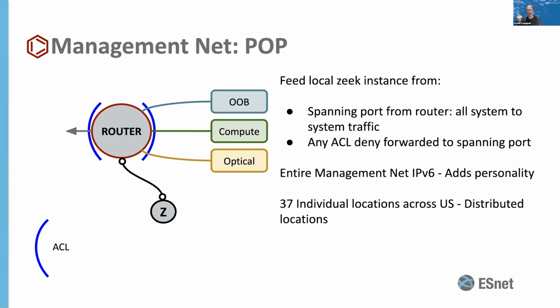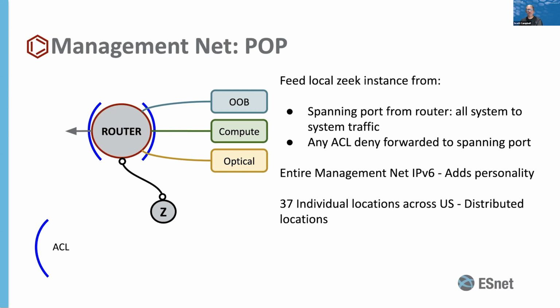There is a router which just does the local network traffic handling, which is part of network engineering. We have a span port, so pretty much anything that runs through that router we get a copy of, which is extremely handy, because then we'll be able to see interactions between the out-of-band equipment, local compute infrastructure, and all of the optical gear. And so we can write specific policy to model behaviors.